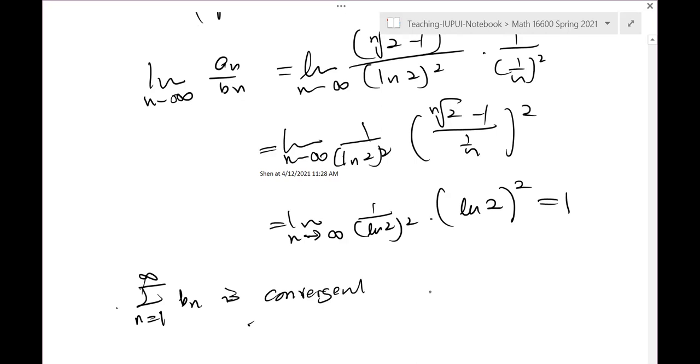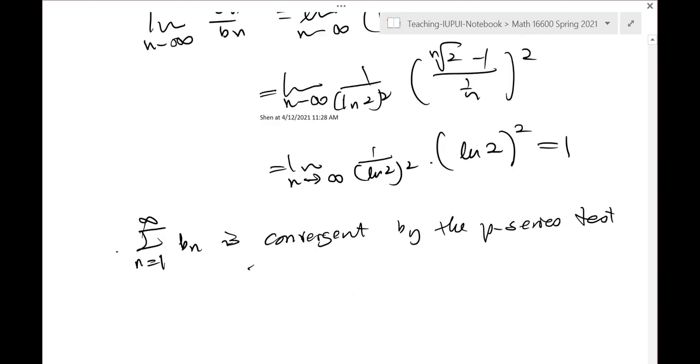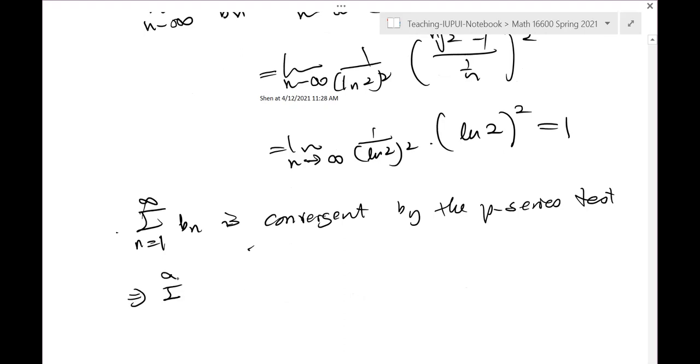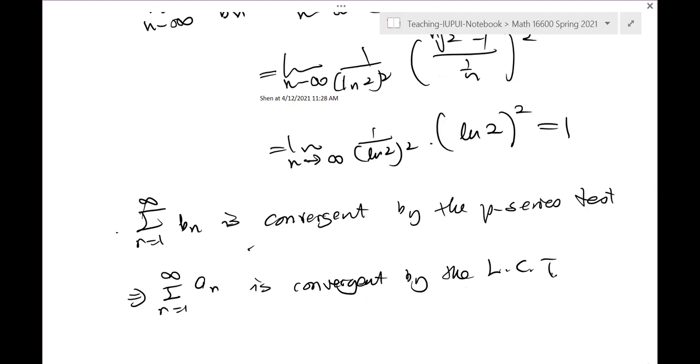So it's convergent by the P-series test. The P-series test is very popular. So then it implies this series is convergent too by the limit comparison test. So you have to figure it out. Sometimes it's not easy to get the series you can compare with.